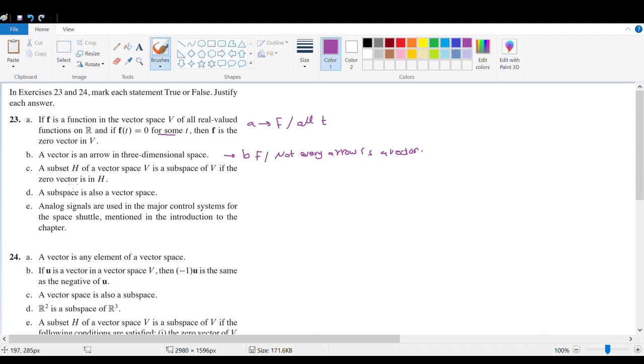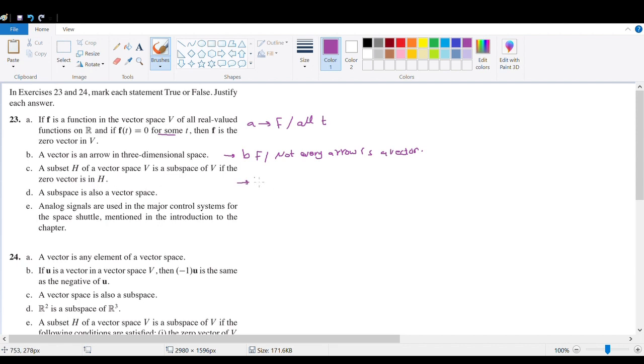So C: a subspace H of a vector space V is a subspace of V if the zero vector is in H. This one is not true because we also need the other two properties. To be a subspace, it should be closed under scalar multiplication and also closed under addition.